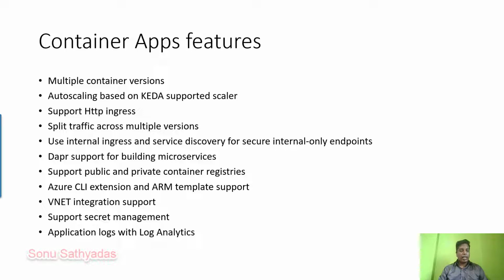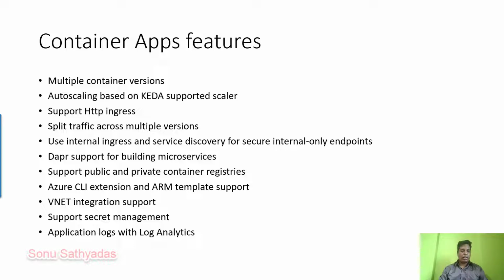The Azure CLI extension and the ARM template support. You can use CLI extensions to create and deploy the container apps since it is in public preview. So you need to use the extension to create and deploy your container apps.